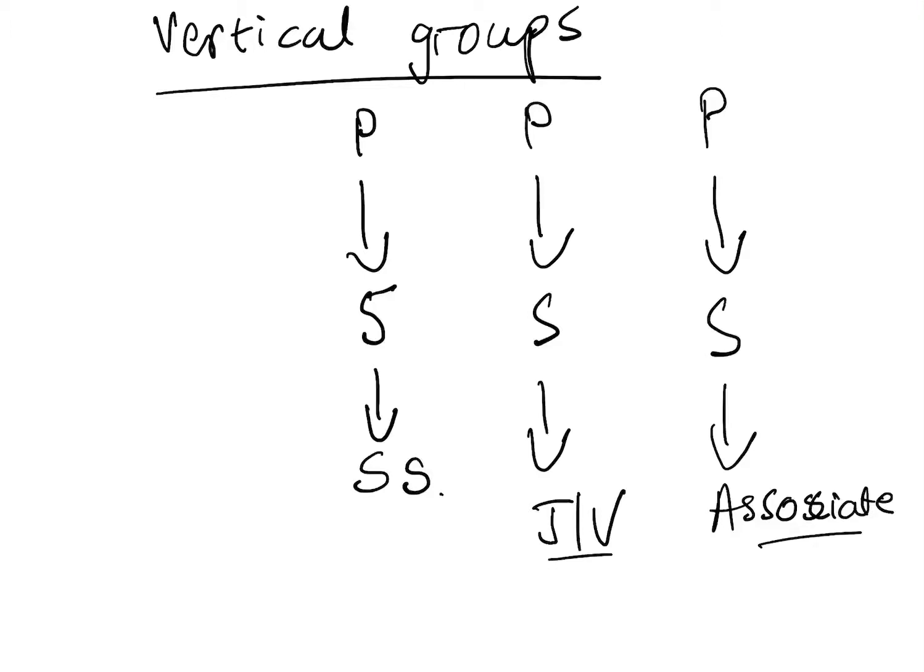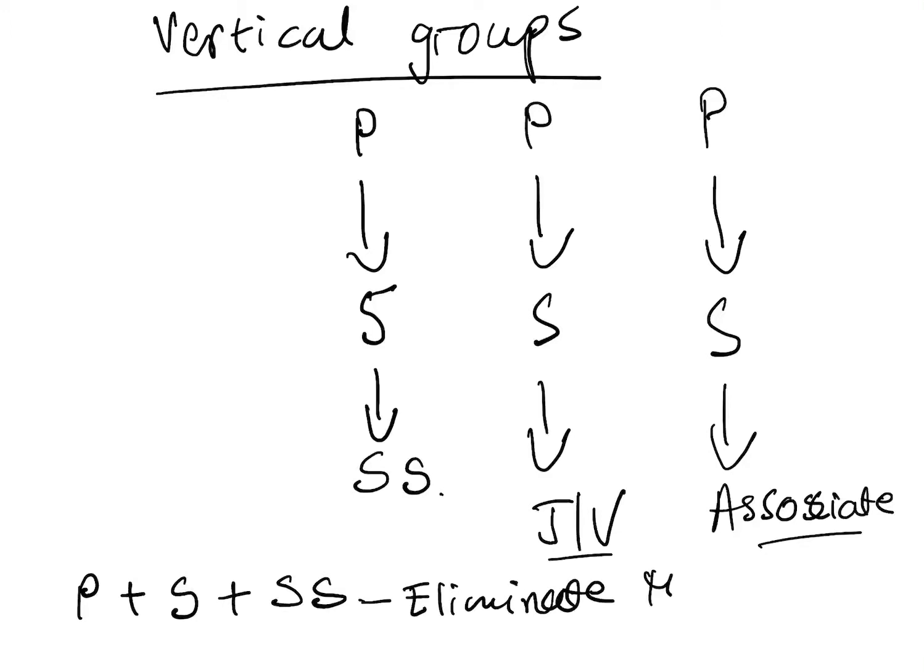So when we're looking at vertical groups, it is the same thing as a horizontal group or a simple group, whereby we take the financial statements of the parent, we add the financial statements of the subsidiary, we add the financial statements of the sub-subsidiary, then we eliminate the intra-group transactions.